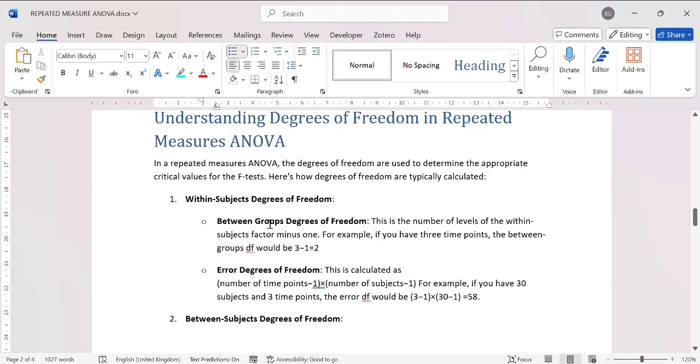So our within subject degrees of freedom will be what? 3 minus 1, that will be 2. And then for the second part, the error degrees of freedom, how do you calculate it? That is the number of time points minus 1 times the number of subjects minus 1.